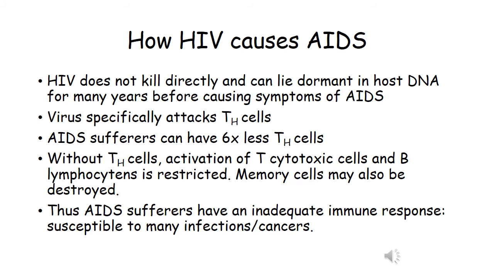A common infection that would easily be fought off in someone with a normal number of T helper cells will become a very serious infection in an AIDS sufferer.